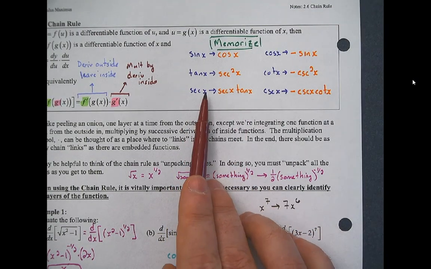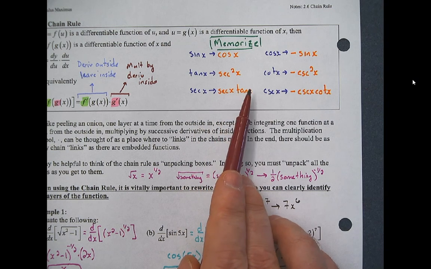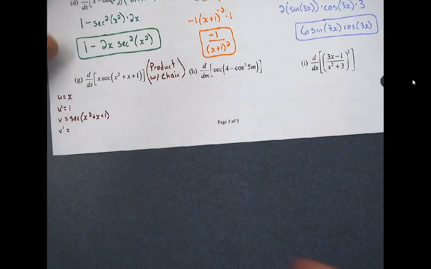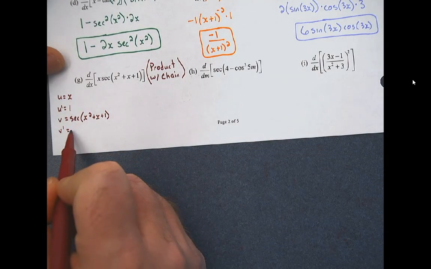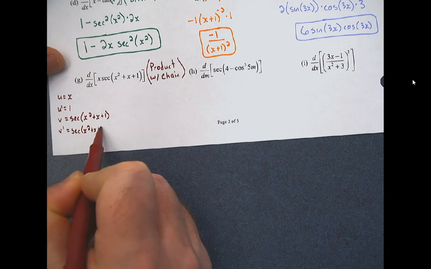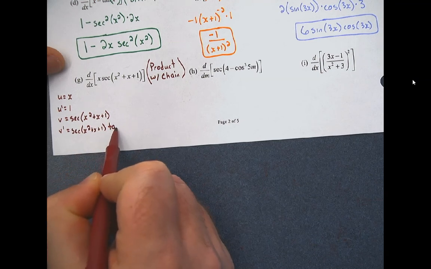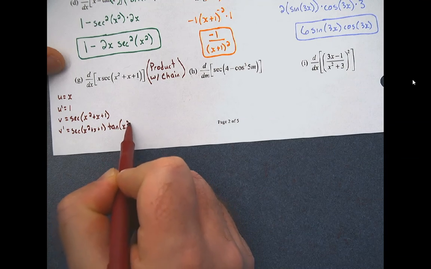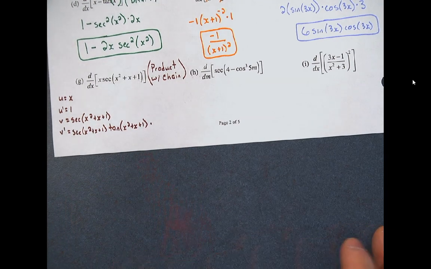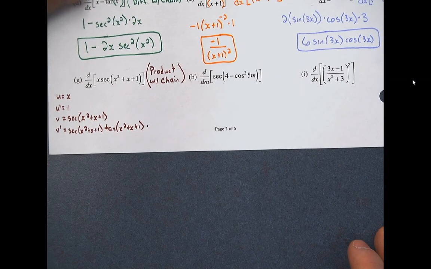So if I change this x to something different, then both of these x's have to get changed to that same something different. So for us, secant something tangent something times, because I said something, times by the derivative of our something.